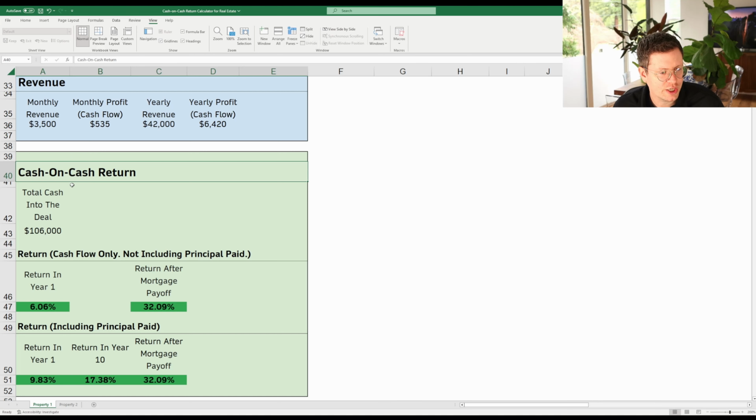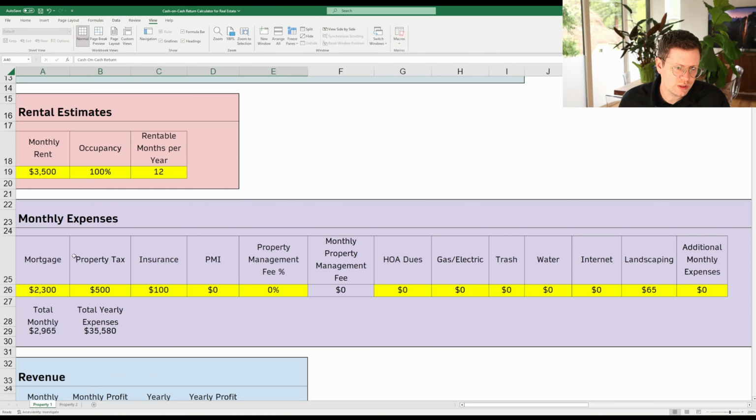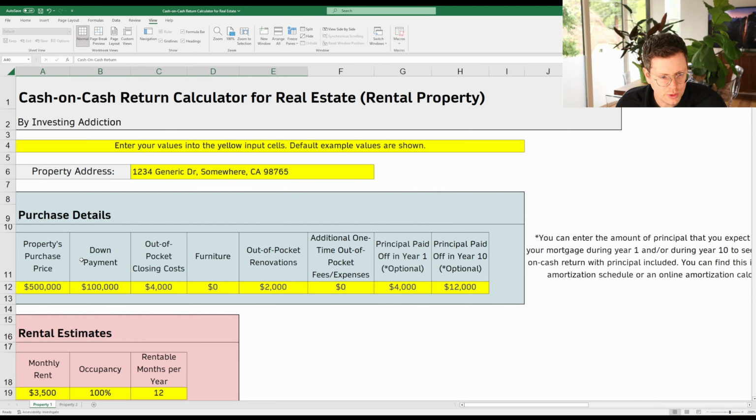And finally, the cash-on-cash return section, it takes into account all the input variables from above and calculates your return either based on cash flow only or also including the principal that you paid down on the loan as well as the cash flow. So let's go through this example quickly just so you can see how everything works. The purchase price for our single family home here is $500,000.